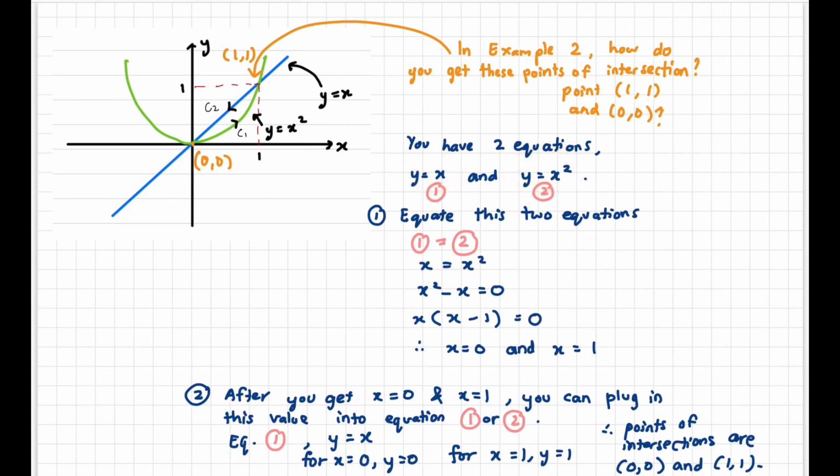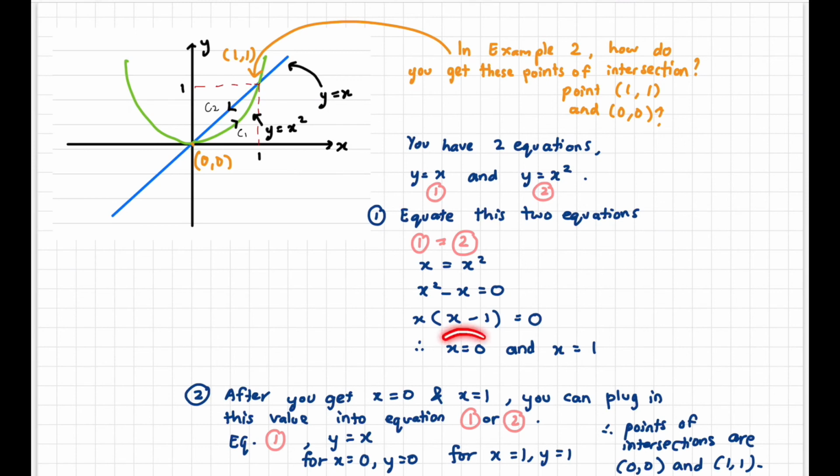First you have to equate these equations. Let's say I name them equation 1 and equation 2. So equate equation 1 equal to equation 2: x is equal to x squared. Then bring this to the left side and let it equal to 0, and factorize it. Solving this, we get x is equal to 0 and x is equal to 1.